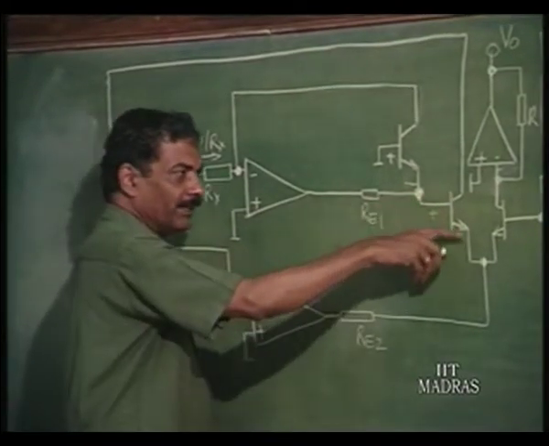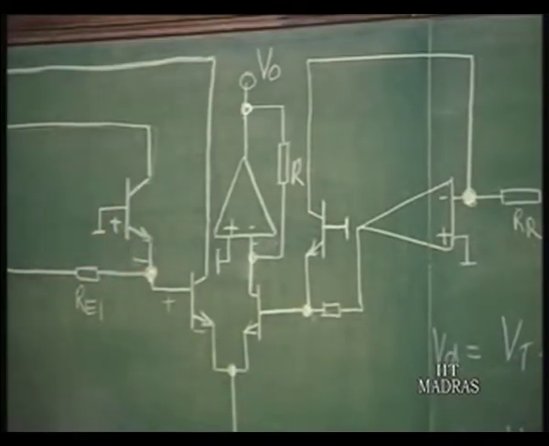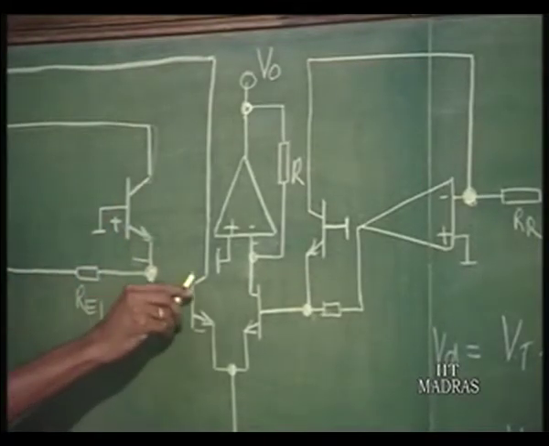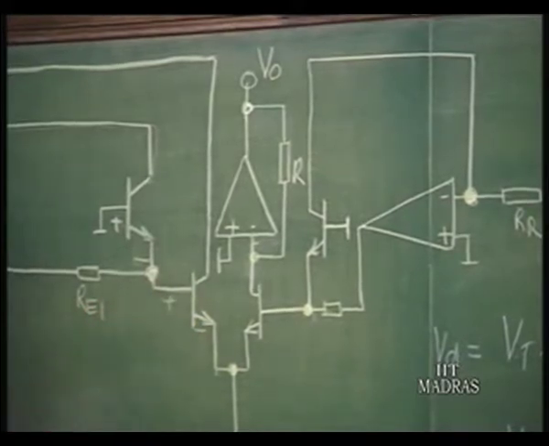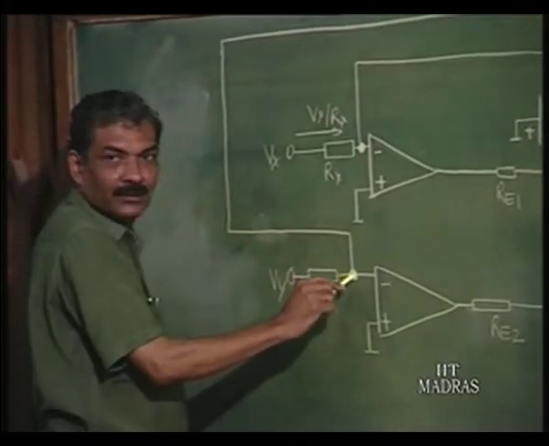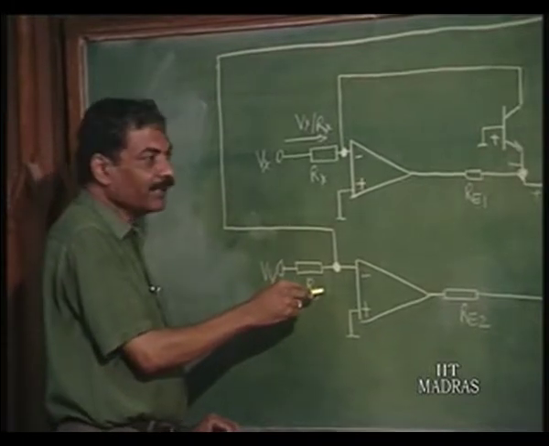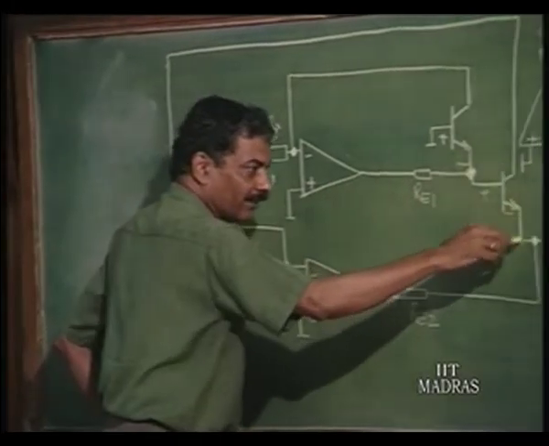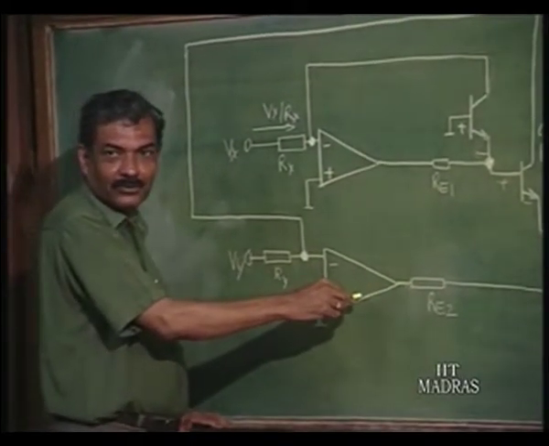So, that we can add by putting another diode whose current is supposed to be equal to Vy by Ry. So, that can come in series addition of the base emitter junction. The collector of this should be all the way connected to this point, so that the current is Vy by Ry. In order that the feedback is effective, obviously the emitter of this is connected through another RE2 to the output.